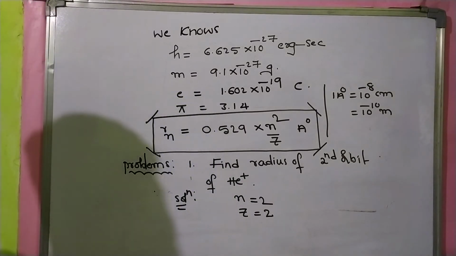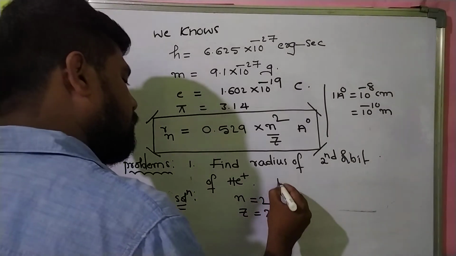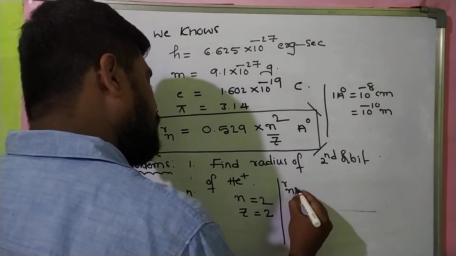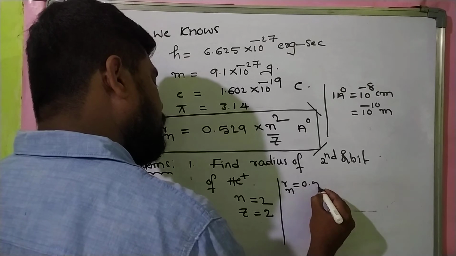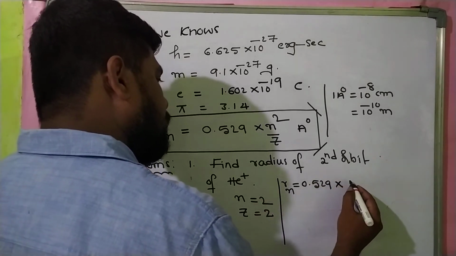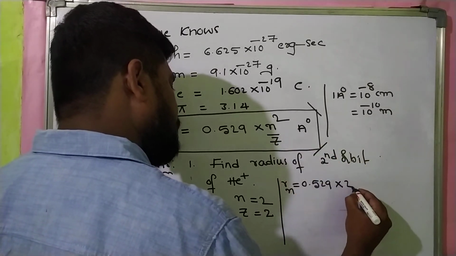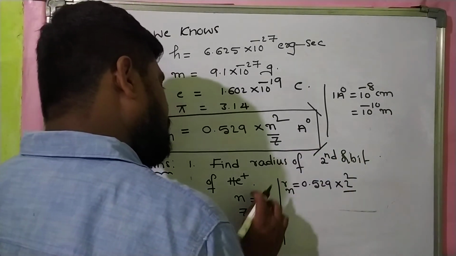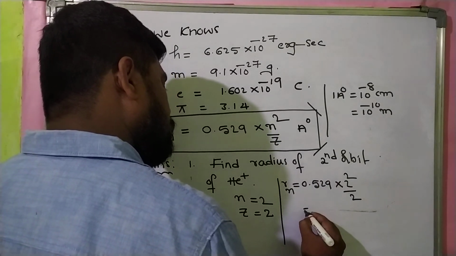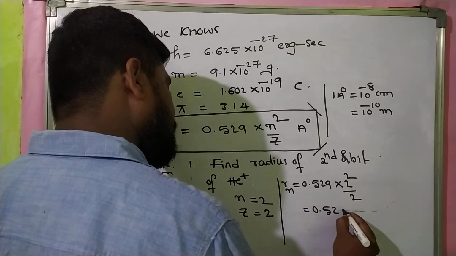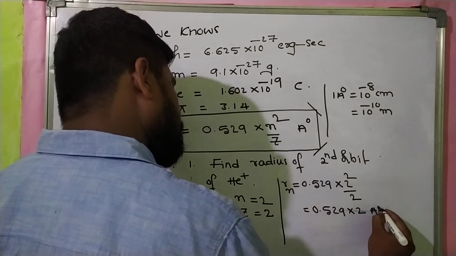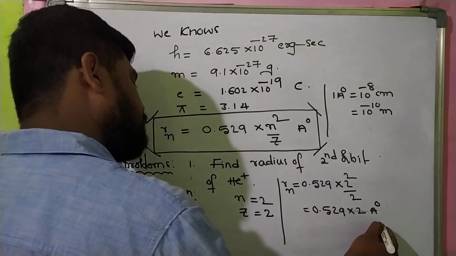Okay, now do the problem in your own style yourself. Rn equals 0.529 into n square, n equals 2 means 2 square, by z equals 2, so 0.529 into 2 angstrom units.